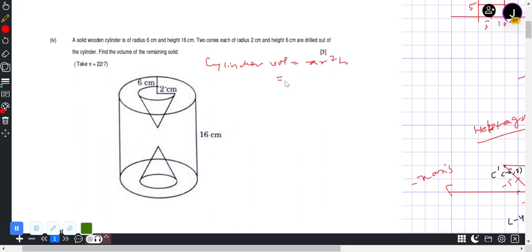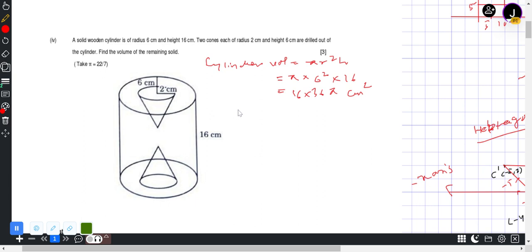Pi r square h, which is pi into 6 centimeters radius into 16 centimeters height. I will not solve it, I'll let it be like this. So I get 16 into 36 pi centimeter cube. This is the cylinder's volume.